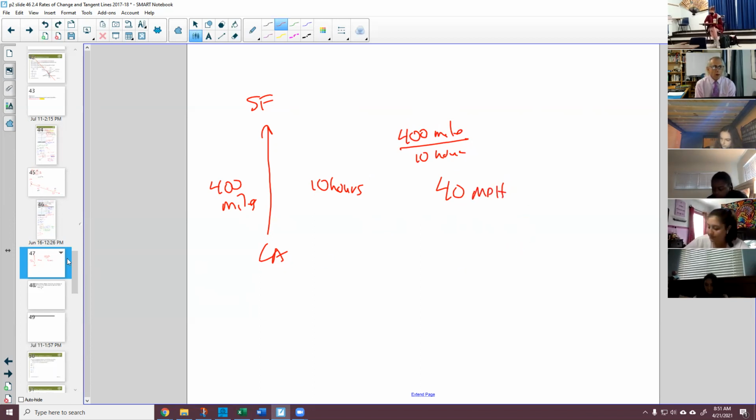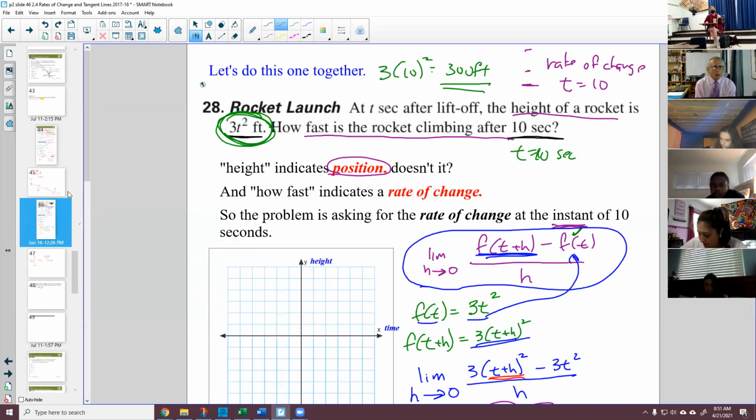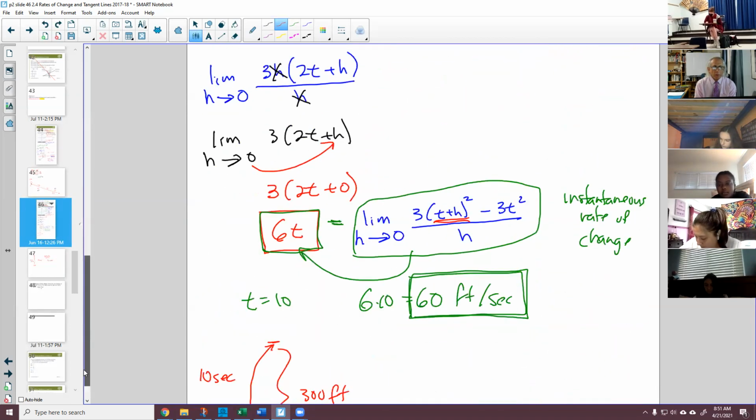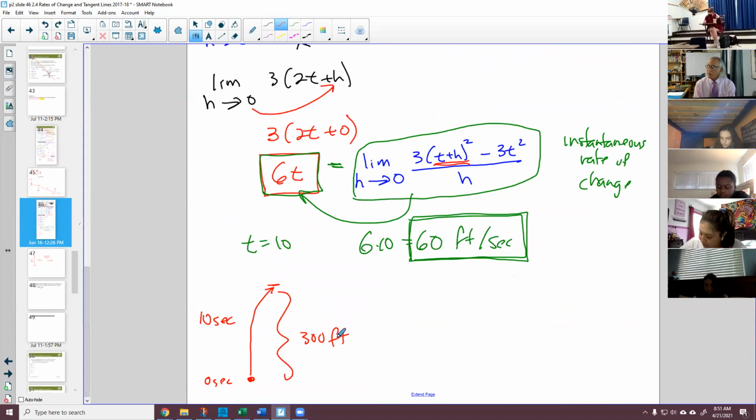Now, the rocket is 300 feet high, and it took 10 seconds to get there. What's the average speed of the rocket over those 10 seconds? So would you do 300 divided by 6? Where did 6 come from?